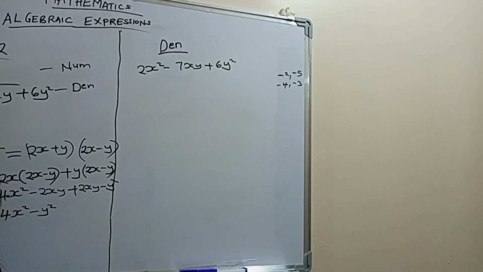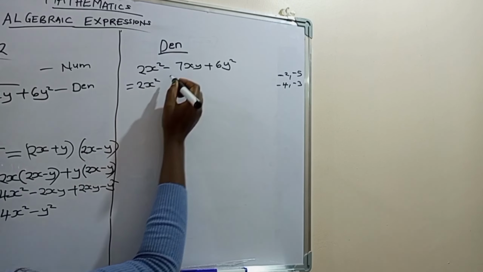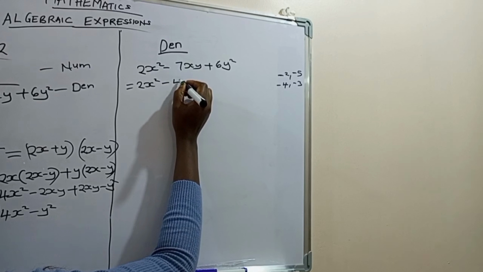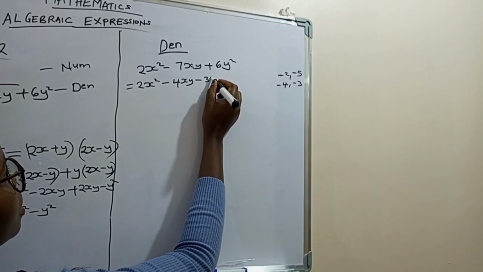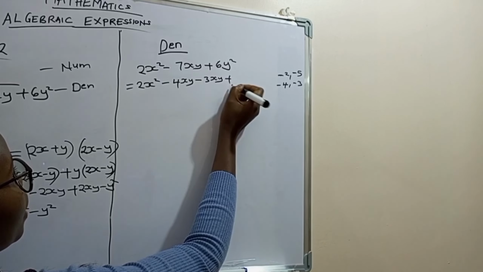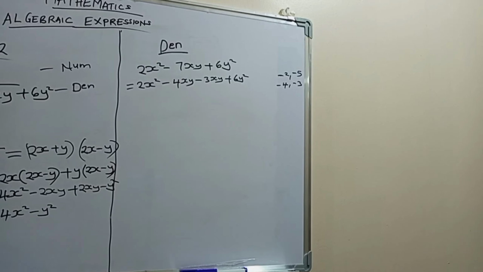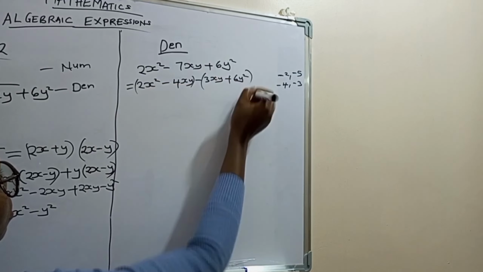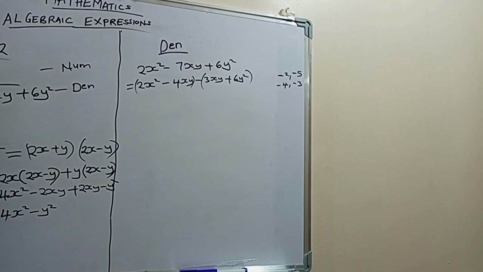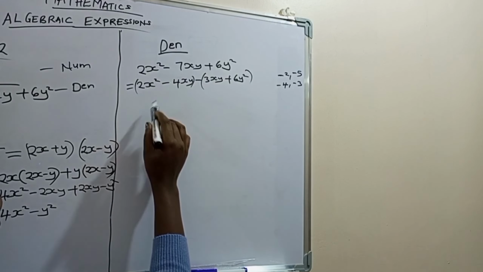so that our simplification becomes easier. So we have 2x squared minus 4xy minus 3xy plus 6y squared. So we want to simplify these two brackets. What's common here is 2x.